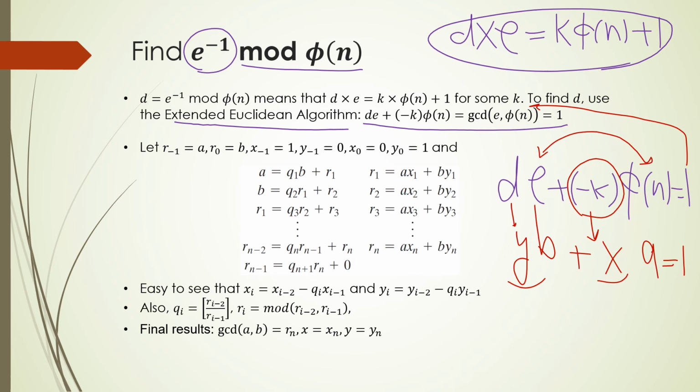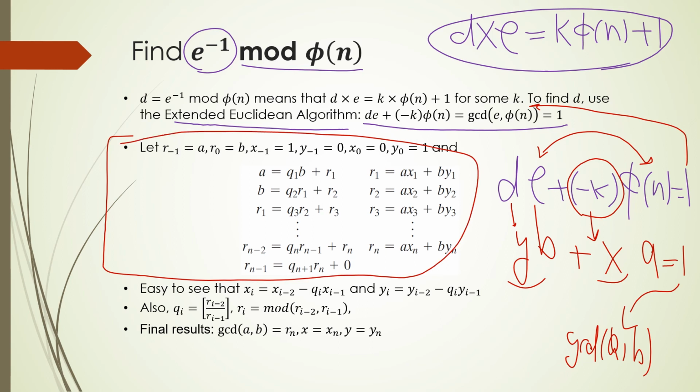So that ax plus by is equal to 1, right? That's what I need to calculate. And as I said, 1 is basically the GCD of a and b. Now, this is the extended Euclidean algorithm. It's a very common algorithm in number theory.